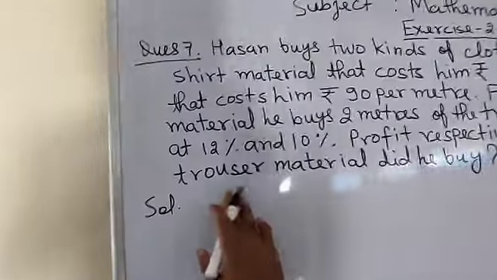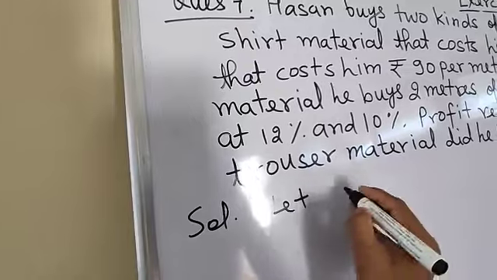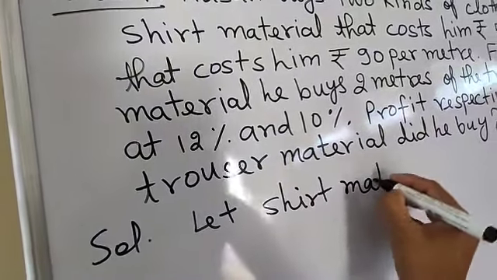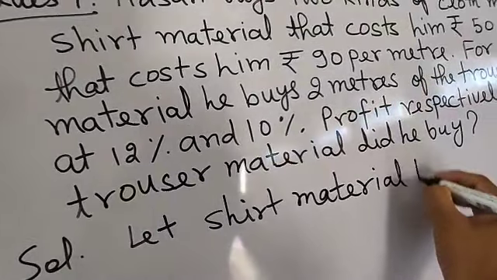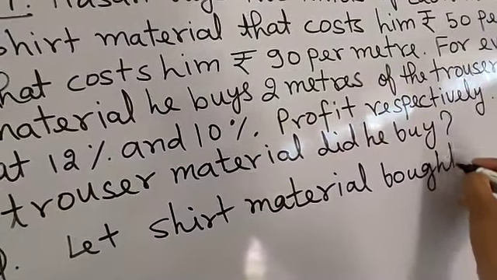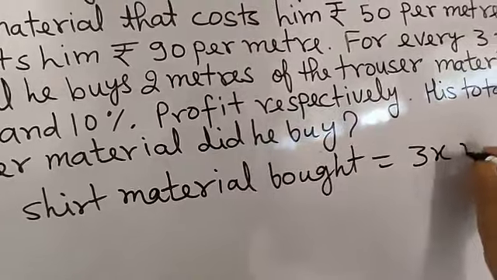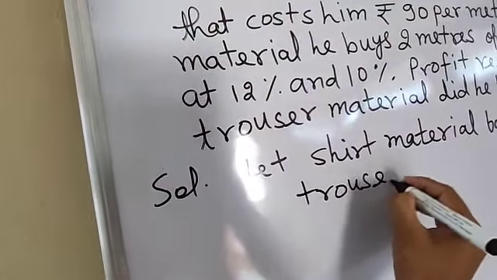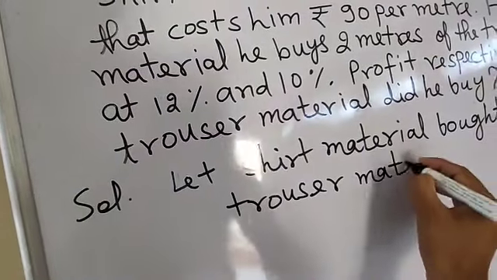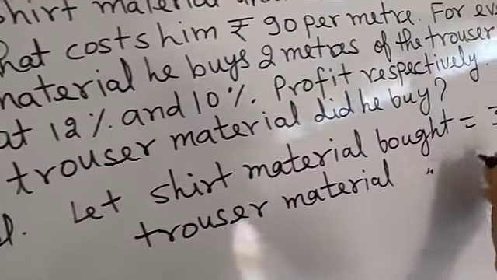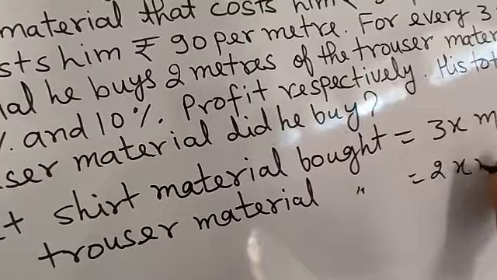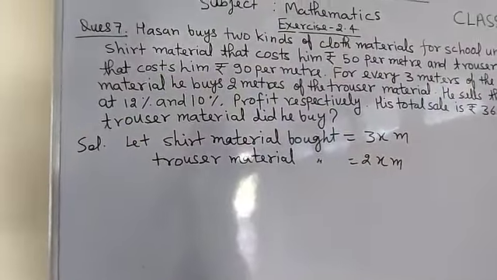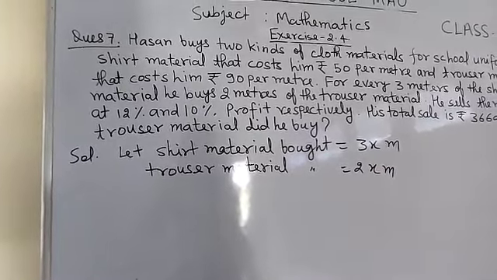Let shirt material bought equal 3x meters, then trouser material bought equal 2x meters. For 3 meters of shirt he needs 2 meters of trouser, so for 3x meters of shirt he needs 2x meters of trouser.